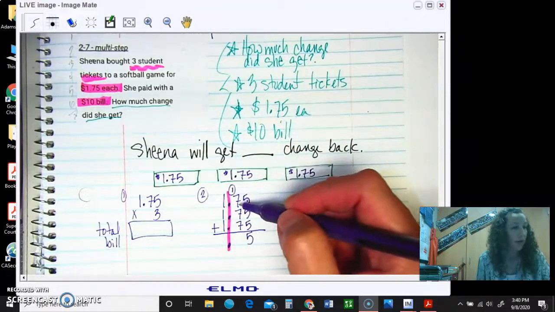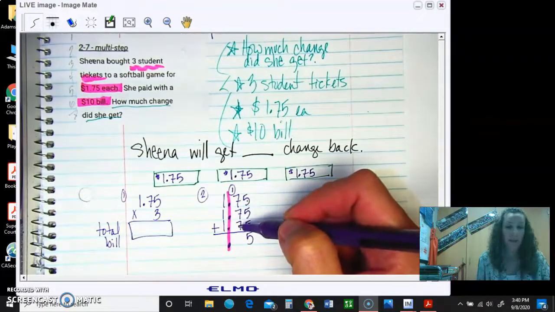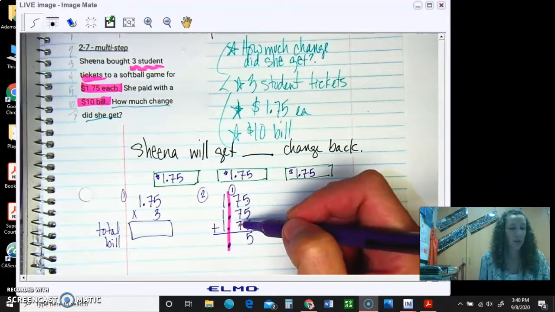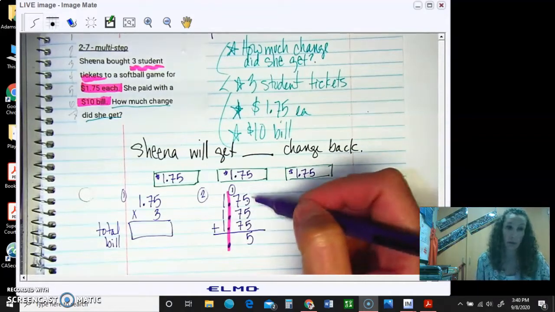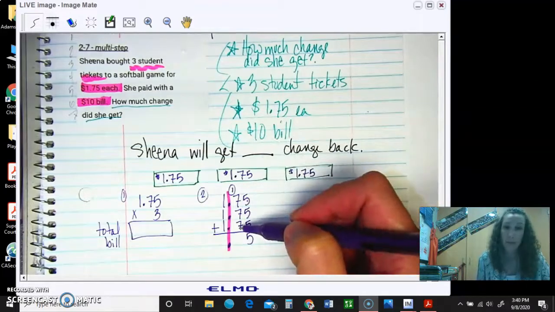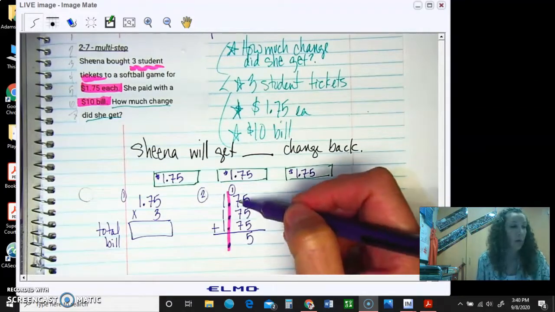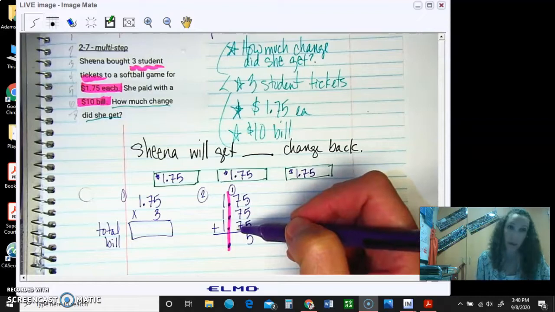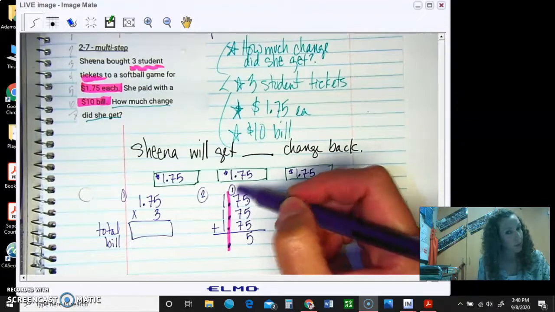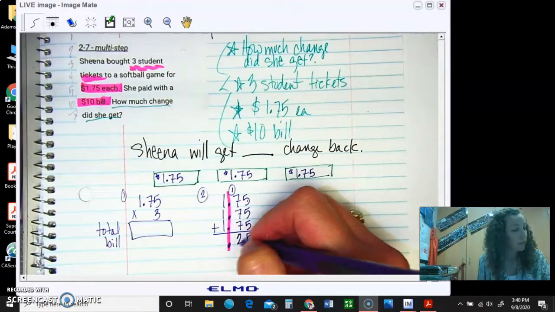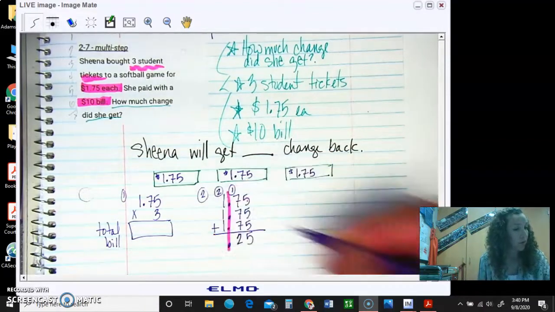Okay, so now I have the 7s that I need to handle that are in the tenths position. I have 3 70 cents, right? It was 75, but I already handled the 5. So 3 times 7 is, or 7 plus 7 plus 7 is 21. And add that one more, which makes it 22. And we regroup that too.